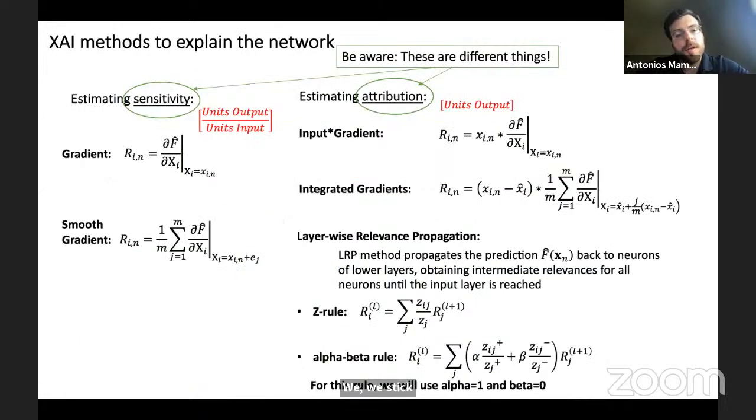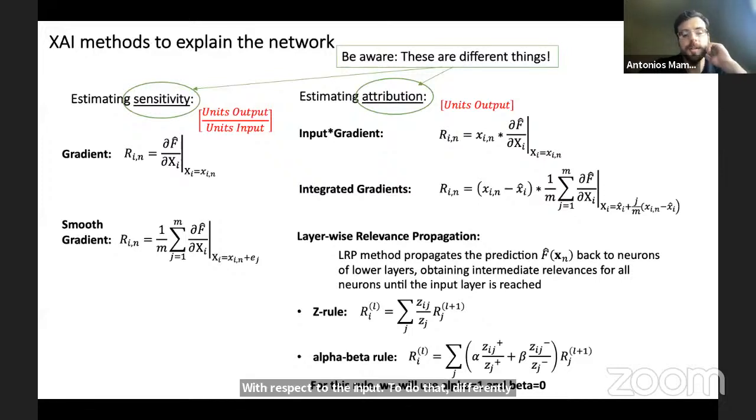The XAI methods that I will be using are shown here. I'll be using 6 different methods. 2 of them estimate sensitivity, 4 of them estimate attribution. These are equally valuable things, but we will clearly show in the next slides that they are different things. The method gradient estimates the local gradient, the local sensitivity of the output of the network with respect to the different input features.